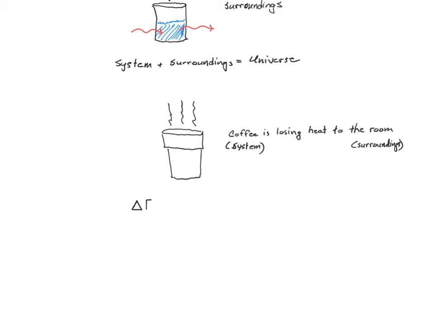The change in the energy of the universe is equal to 0. And we know that any change that, if it were to occur in the energy of the universe, could only happen if we had a change in the energy of the system and/or a change in the energy of the surroundings.